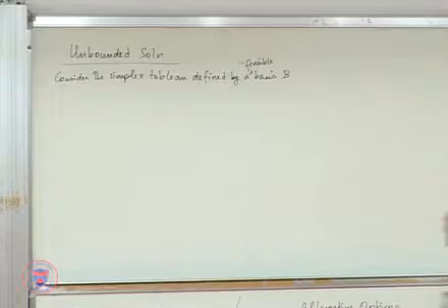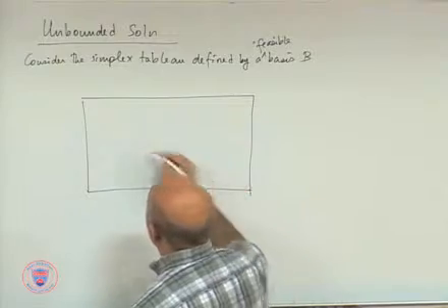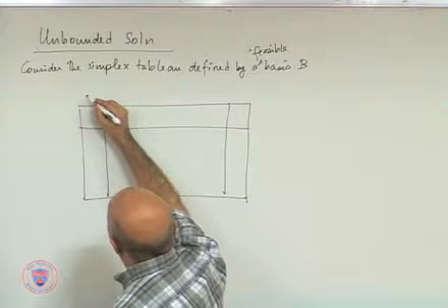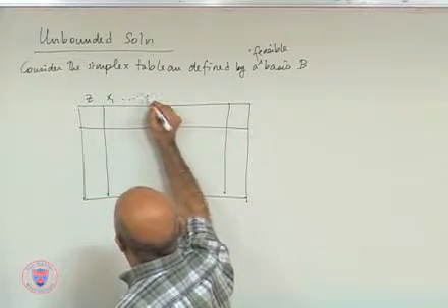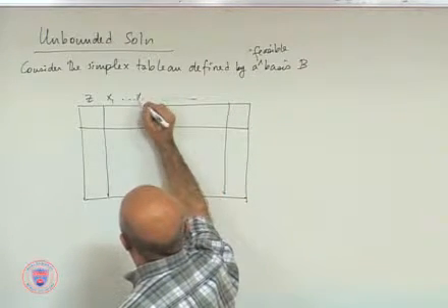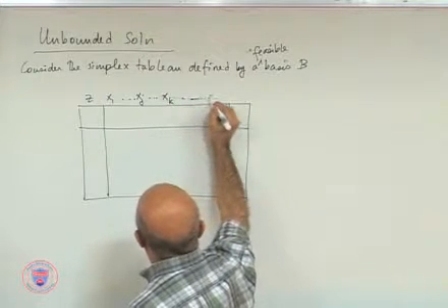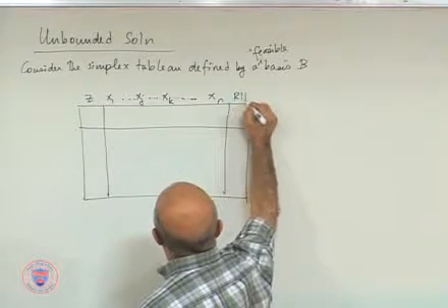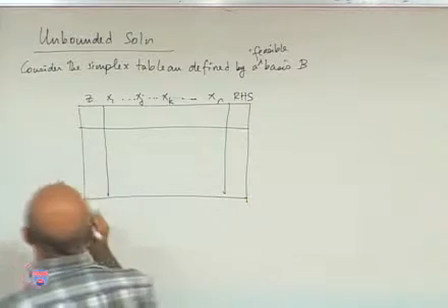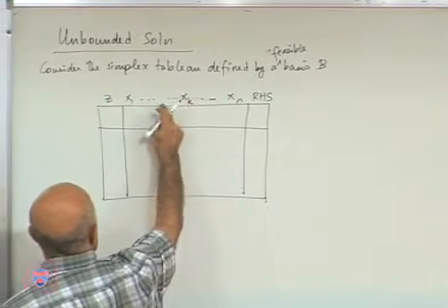And let's look at the simplex tableau. I don't think I'm going to need xj, so let's just look at this one.